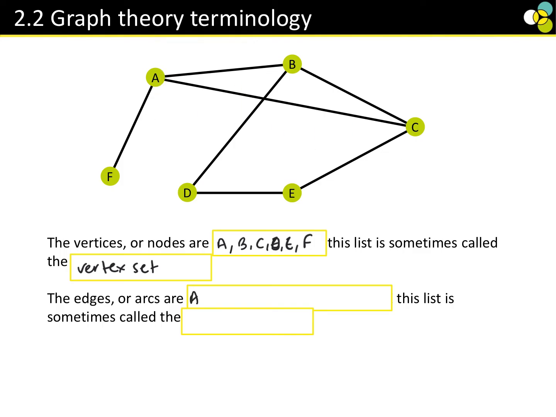So we're going to write that on there, AB, AF, AC. And then I know we have BA, but I'm not going to rewrite that again. We've got BC, BD, and we have CE and DE. Okay, and this list is sometimes called the edge set or arc set.